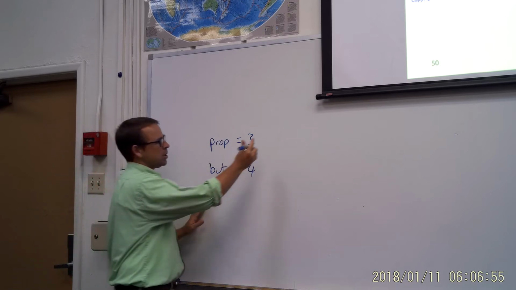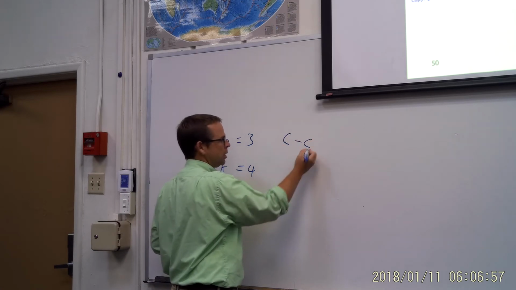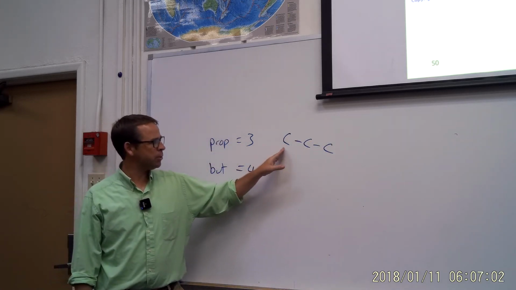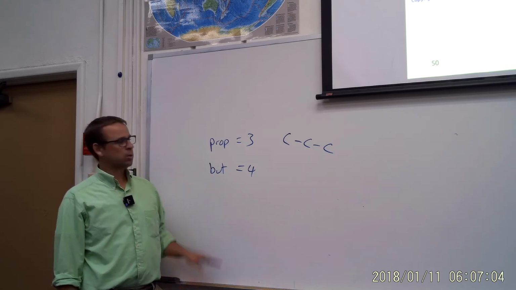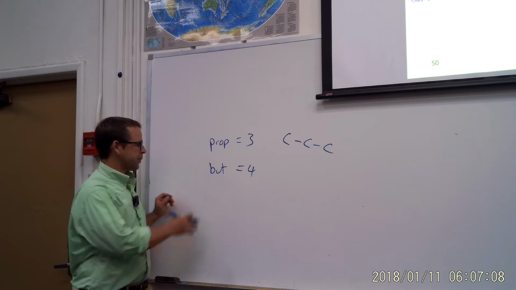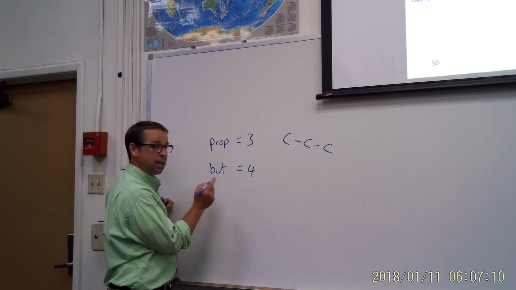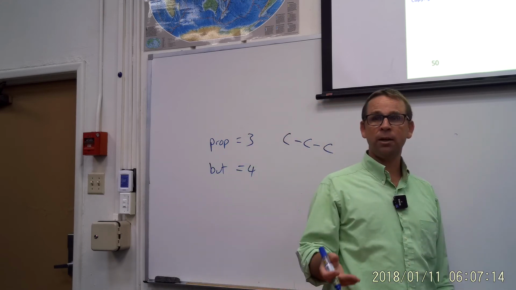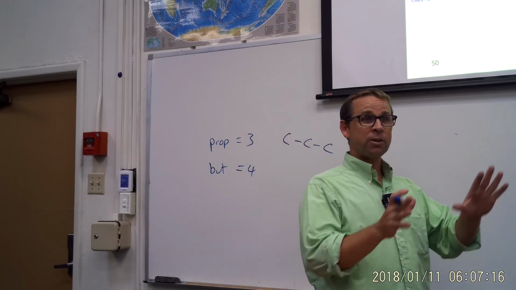Propane looks like this. A carbon connected to another carbon, connected to another carbon. So the 3 refers to 3 carbons. Butane, how many carbons in the chain? 4. And then we have pentane, hexane, heptane, octane, nonane, and decane, which are all the prefixes that we talked about over here already.